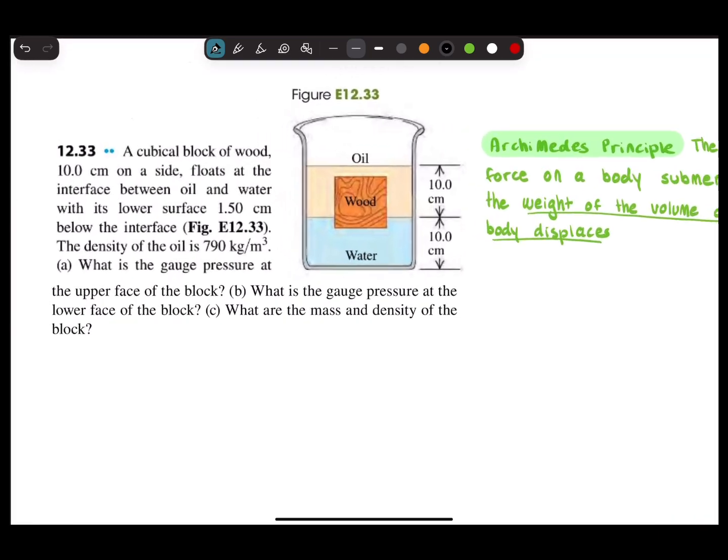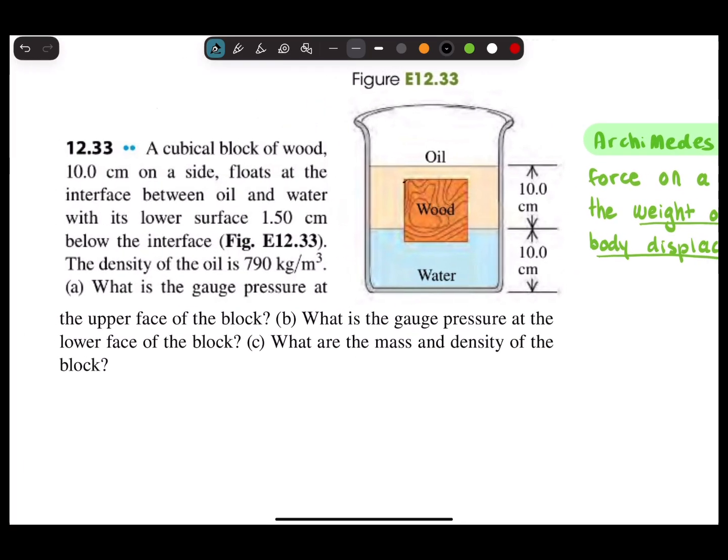Okay, so the pressure at any point depends on the weight of the fluid above it. So if we're talking about the upper face of the block, we care about the weight of the oil above it.